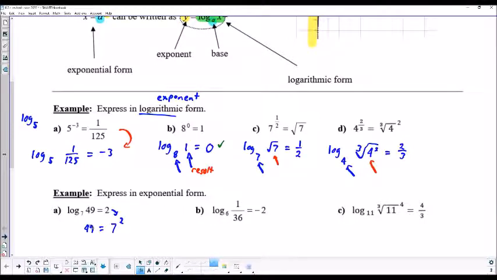Sometimes this one's a little more straightforward to envision. The result is 1/36. We see the base is 6 and the exponent is -2, because we know that the logarithm is the exponent.